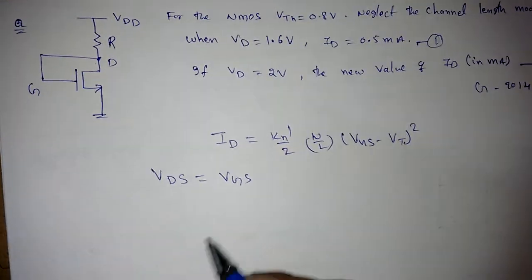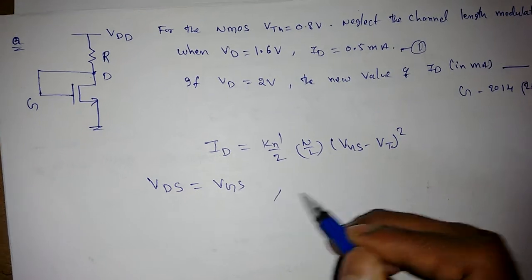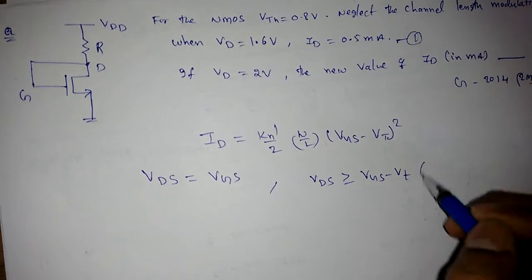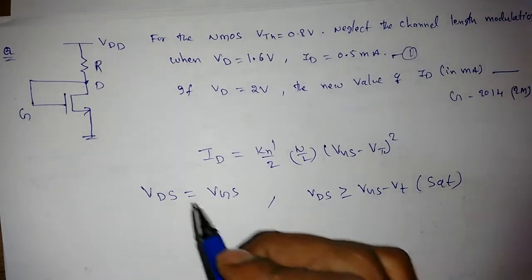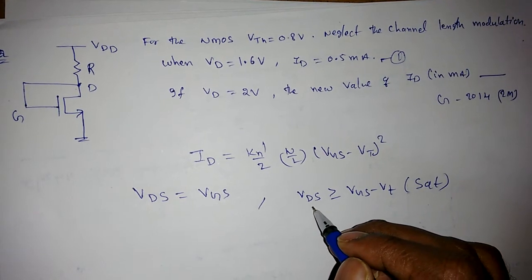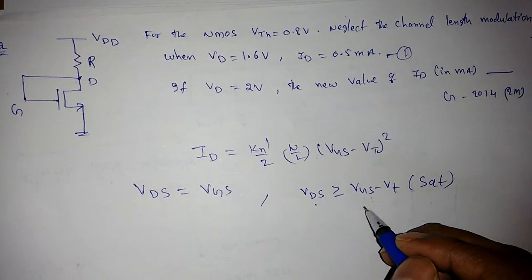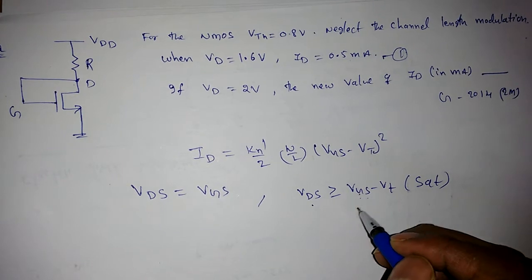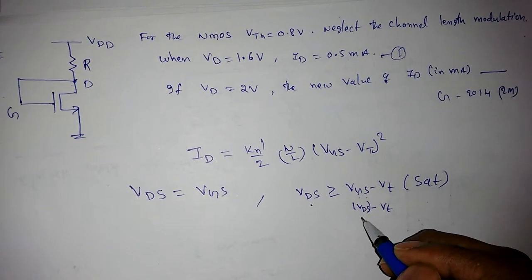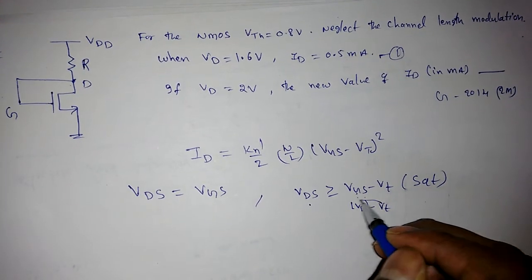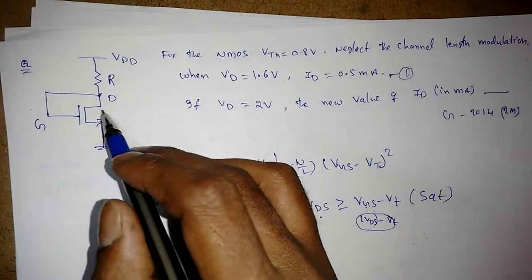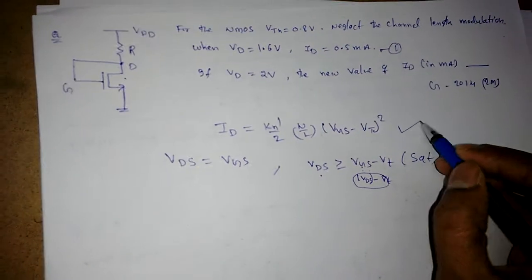Now we know that VDS is greater than or equal to VGS minus VT for saturation region. Here VGS is VDS, so VDS minus VT is always less than VDS, so I can say the transistor is always in saturation region. So that's why I will use this expression.